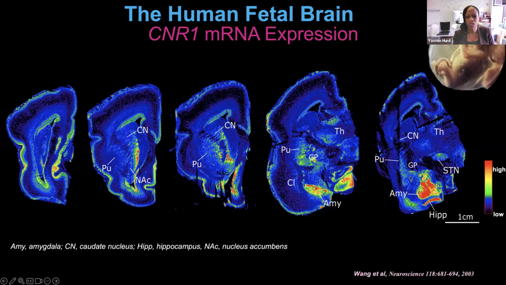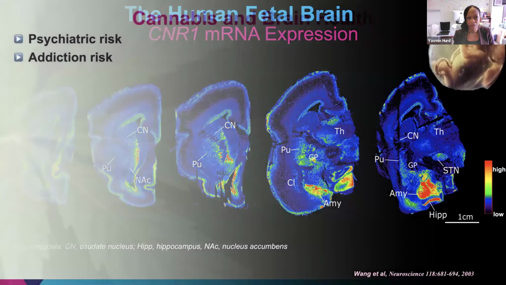But you can see here mid-gestational expression in brain regions such as the amygdala, here in the mouse, a brain region critical for emotional regulation and stress regulation, the hippocampus, which will go on to be really critical for memory, and areas such as the nucleus accumbens, important for goal-directed behavior, reward, and so on.